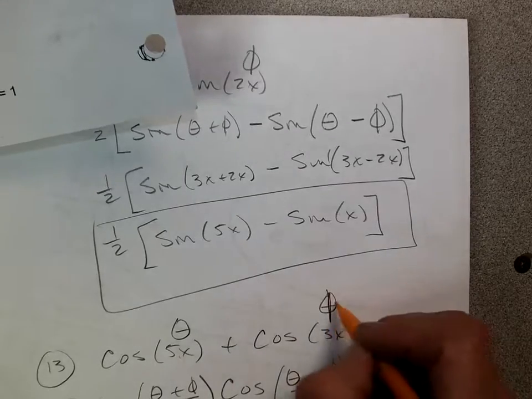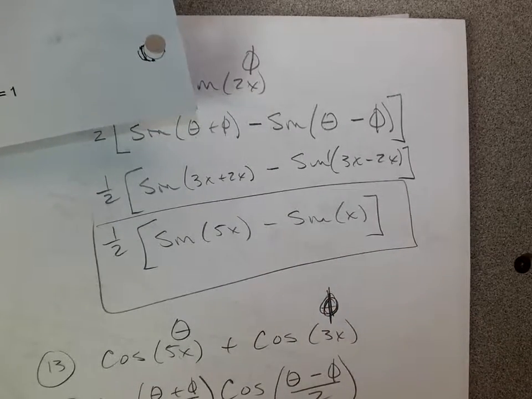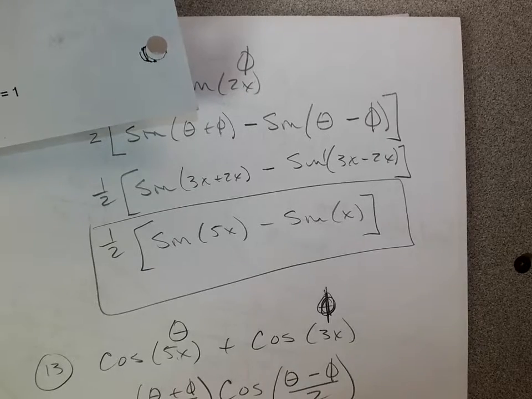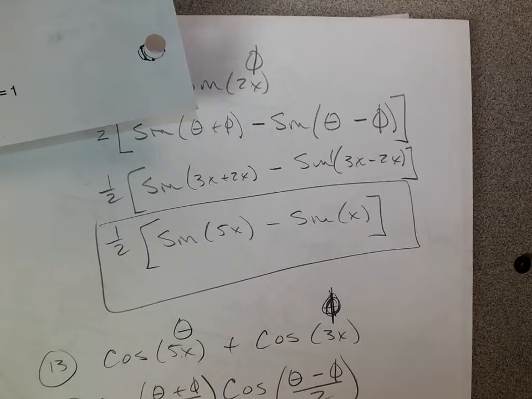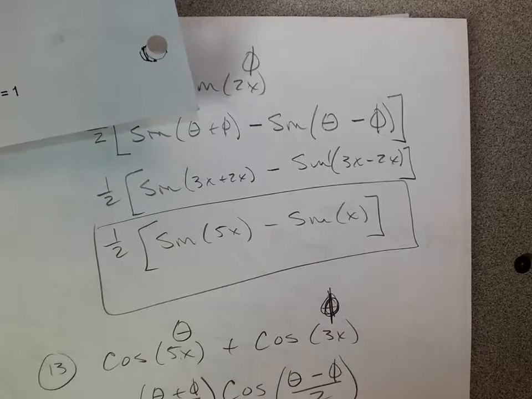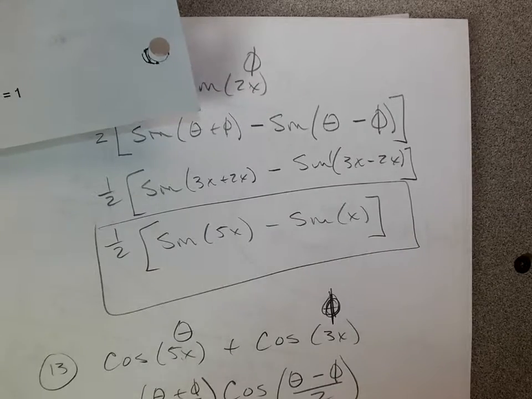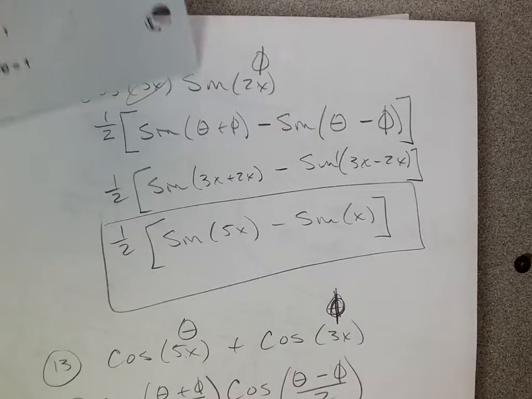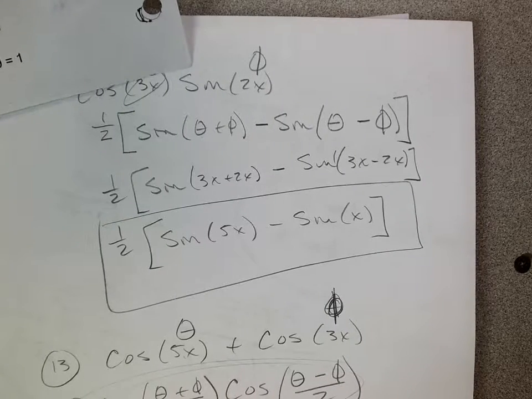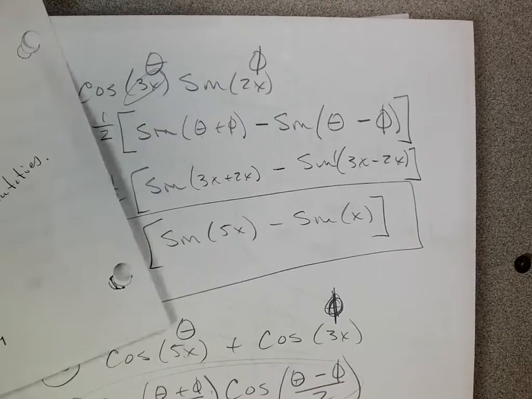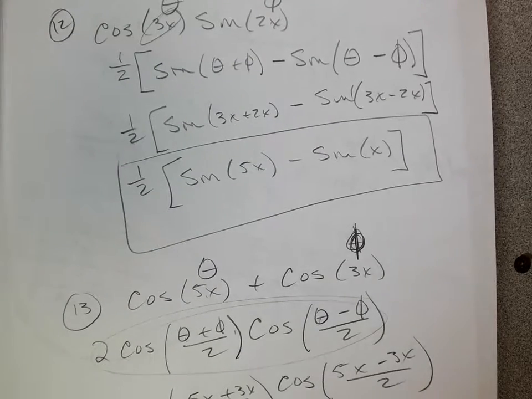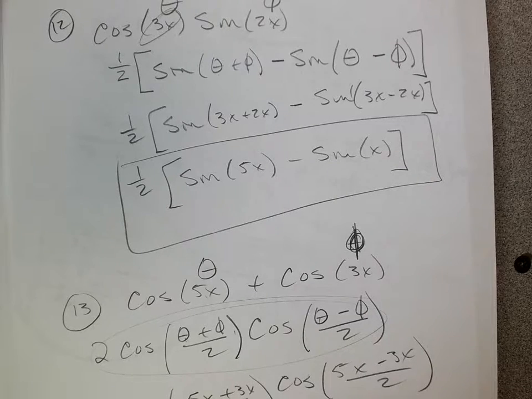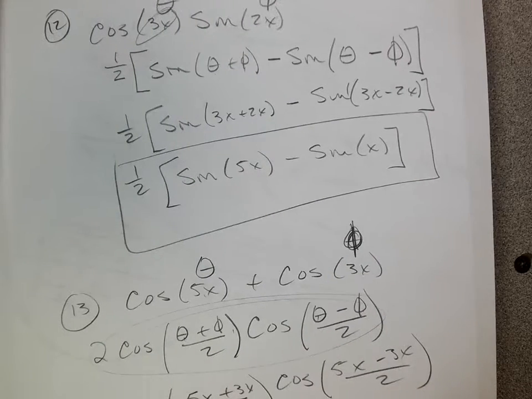Let's just put them in. 2 cosine of 5x plus 3x over 2 times cosine of 5x minus 3x over 2. I just plugged in my formula: 5x here, 3x here, 5x here, 3x here. Now let's simplify it. We'll get 2 cosine 8x over 2 times cosine 2x over 2.